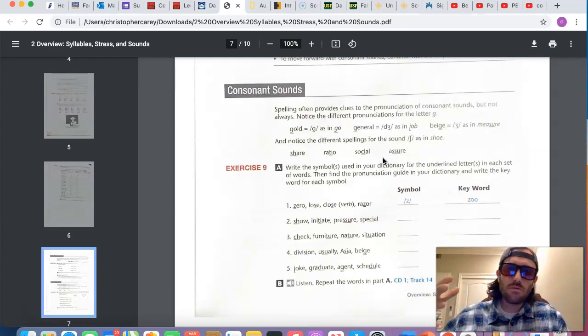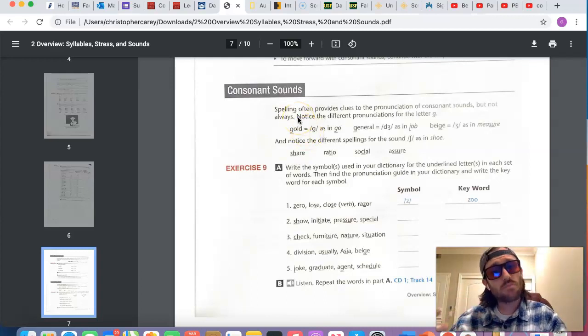As you build your vocabulary, especially through reading in the vocabulary class and in your day-to-day reading in English, you will see spelling patterns and the consonant sounds that are commonly used in those particular letter combinations. So while spelling often does provide us some clues in terms of how we pronounce each of the letters in a word in English, sometimes there's some differentiation.